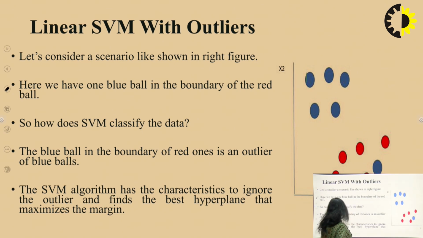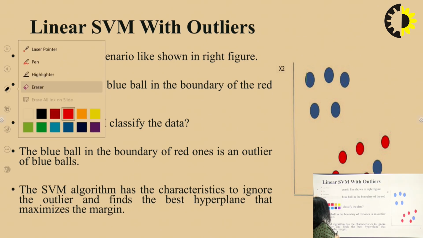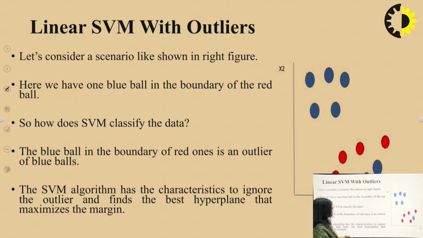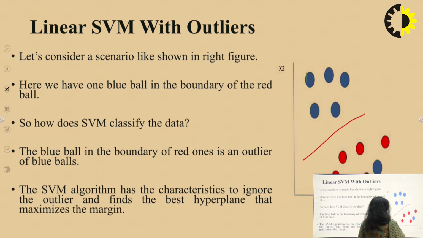So for example, even if I am using a line here, this line is not going to represent a perfect boundary or a perfect classification because of this particular point, right? Why are we calling it an outlier point?